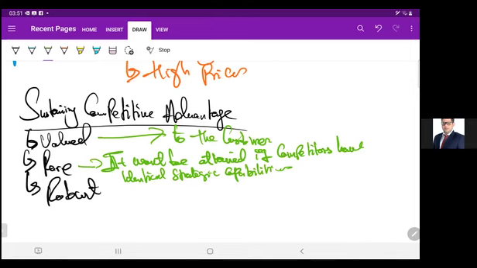Unique or rare resources or competencies are needed to allow the organization to outperform its rivals.